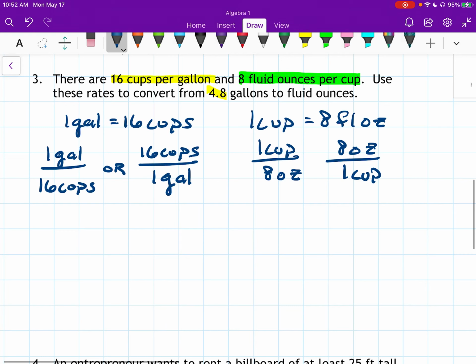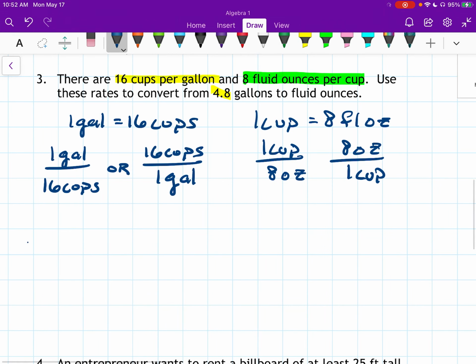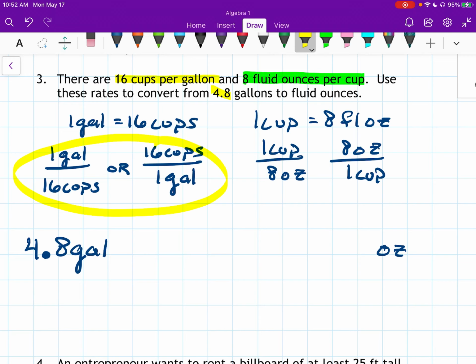So I'm going to start off with what they tell us. They tell us that we have 4.8 gallons, and we want to end up with ounces. I'm going to find gallons, and I want to pick one of these two conversion factors that would cancel out gallons.